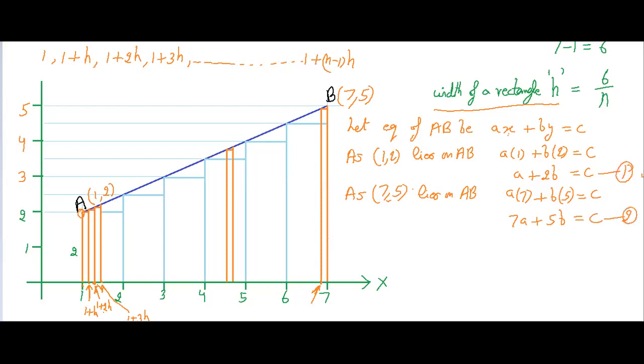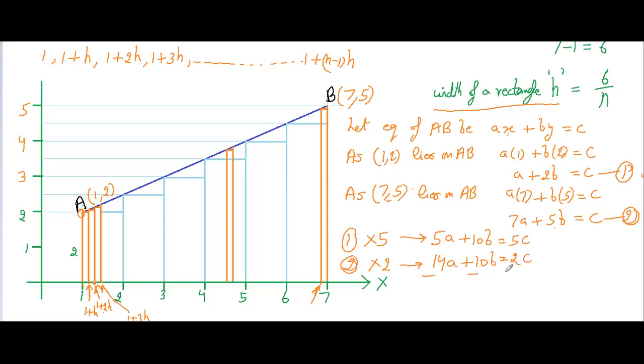This is equation 2. We want to solve these equations to get the values of a and b in terms of c. We multiply the first equation by, say, 5, and the second equation by 2. We get the first equation as 5a plus 10b equal to 5c, and the second equation as 14a plus 10b equal to 2c.